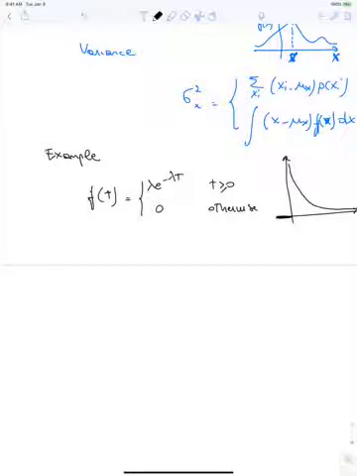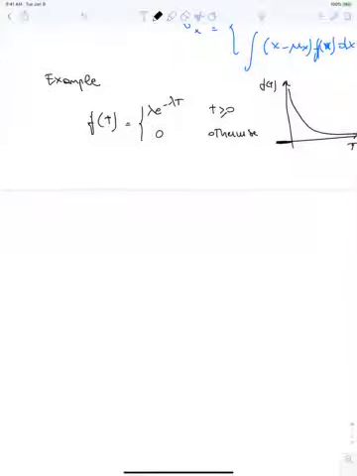We computed the mean, mu of t, which is equal to 1 divided by lambda, and the variance, which was equal to 1 divided by lambda squared.